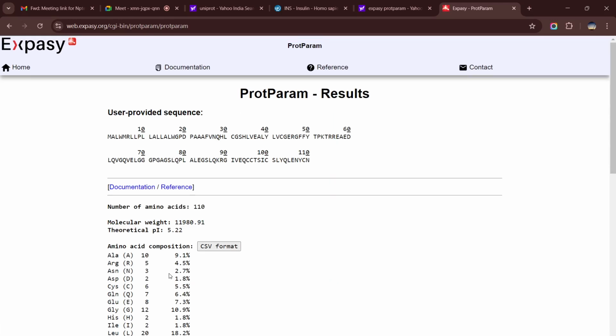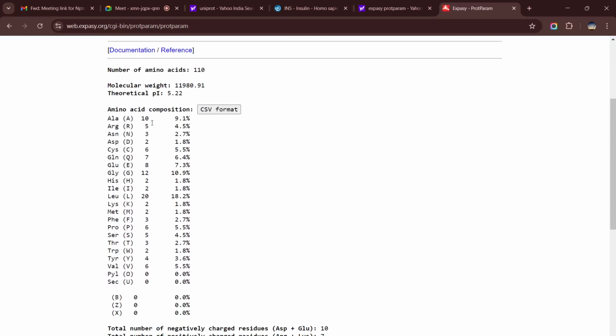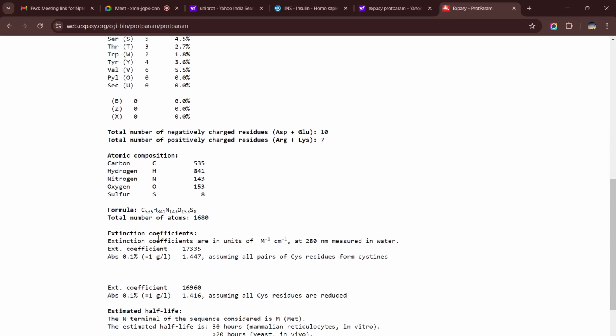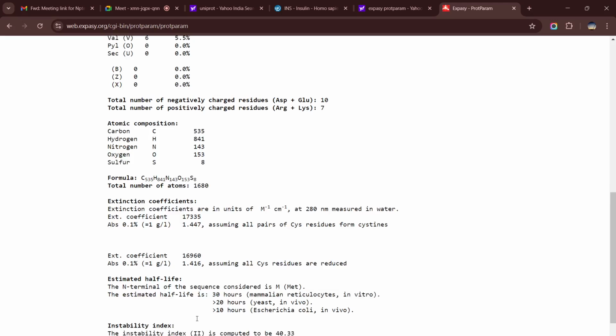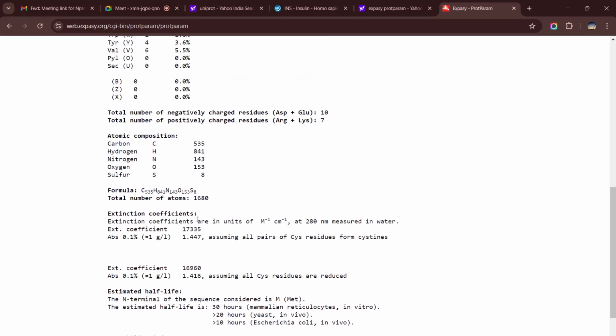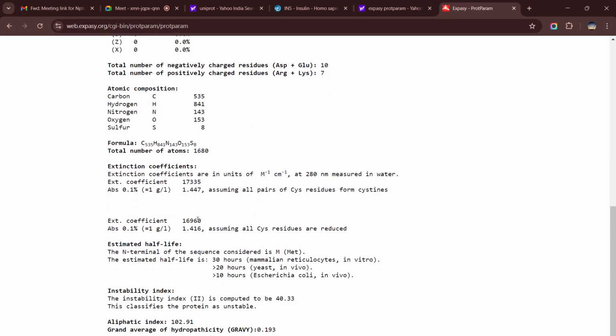Now see here, you will have the amino acid composition. It will give an approximate extinction coefficient. It will also give an instability index and estimated half-lives.